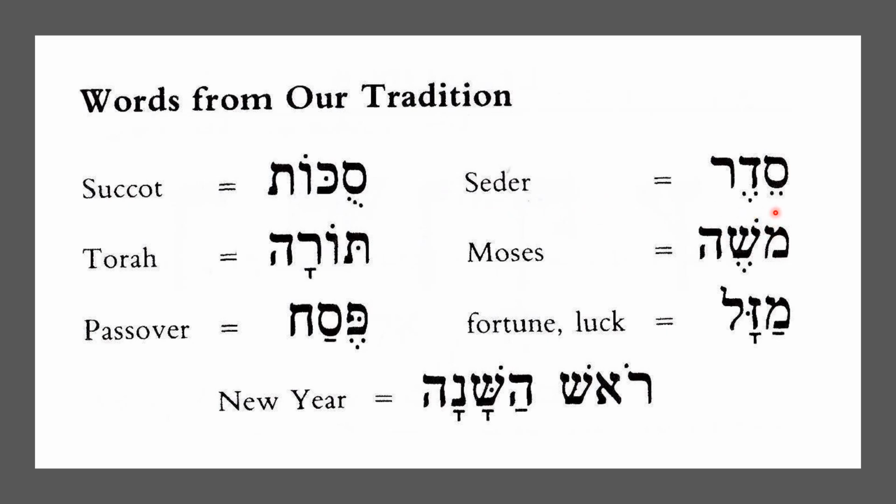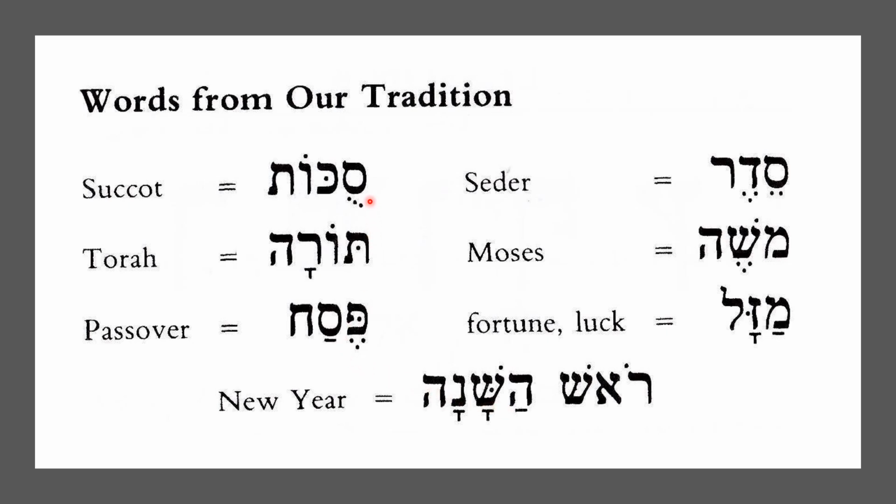We had Seder, the Passover meal, which means order. We have, of course, Moses, Moshe. We have Mazel, which means fortune or luck. Actually it means flow. And we'll talk about that another time, perhaps. But anyway, we have Happy New Year, Rosh Hashanah, that greeting.